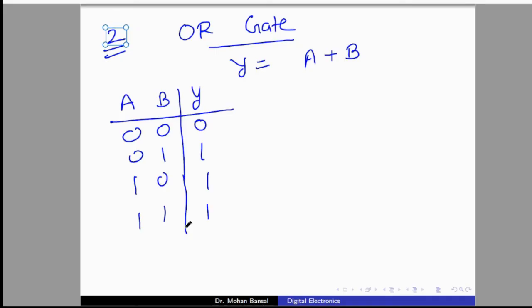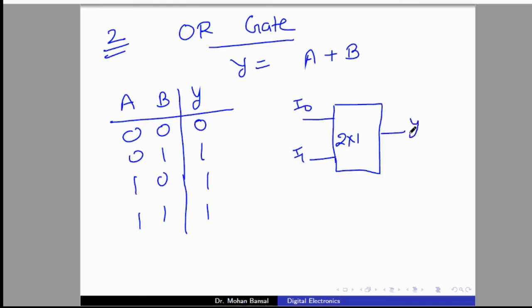So this is the truth table of the OR gate. Now the next step is to construct the multiplexer. Here we'll use a 2:1 multiplexer. For 2:1, there are two input lines I0 and I1, and one output line Y. For two input lines, we require one slack line. So what is the slack line here?